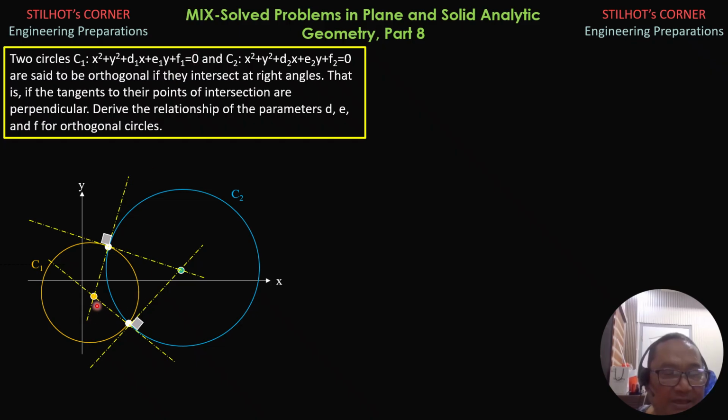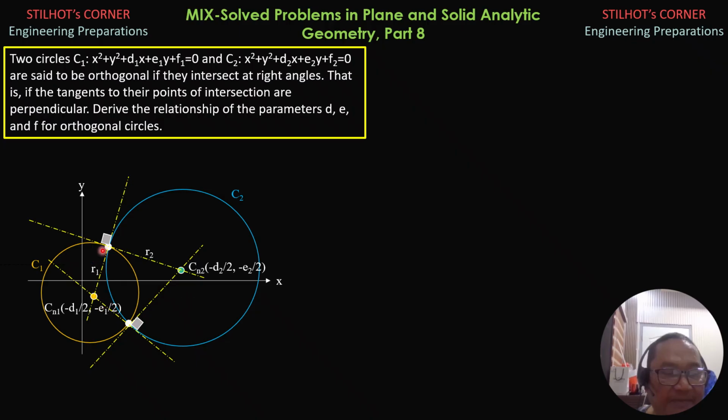So we will call the center of the small circle C sub n1 with coordinates negative d1 over 2, comma, negative e1 over 2. This center is at negative d sub 2 over 2, comma, negative e sub 2 over 2. So the distance between them, we denote by d sub cn1, cn2. The radius of the smaller circle, let's call that r1, the bigger circle r sub 2.